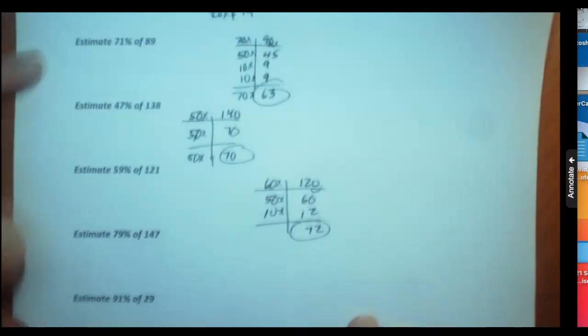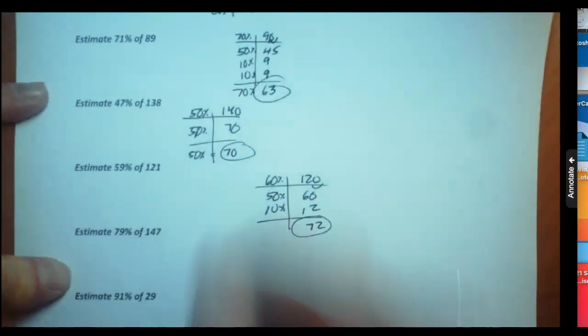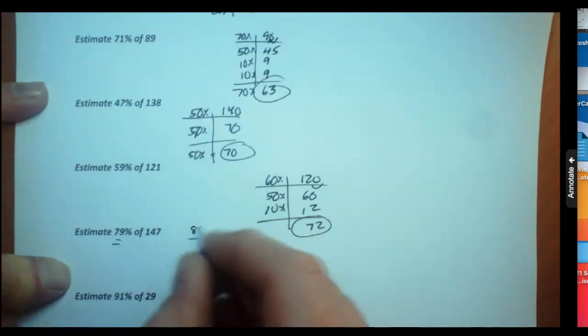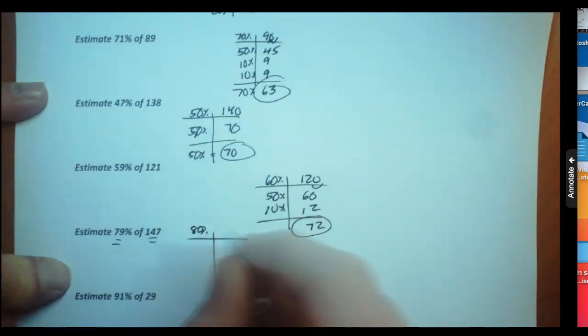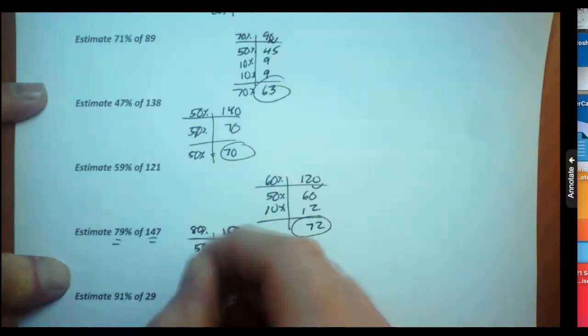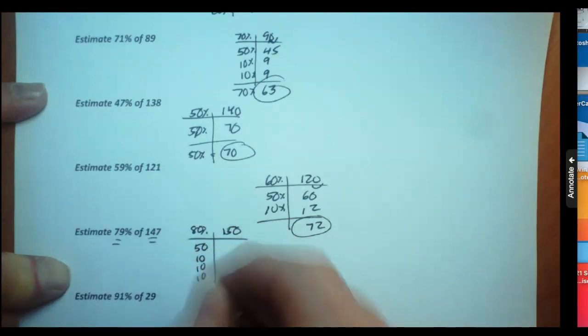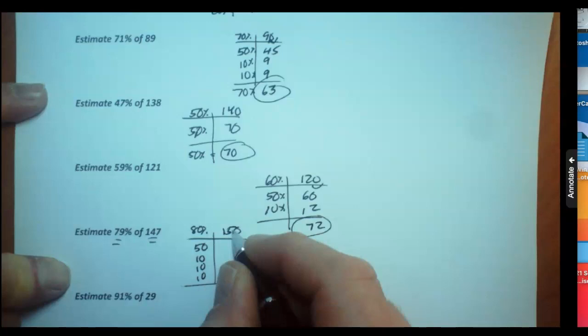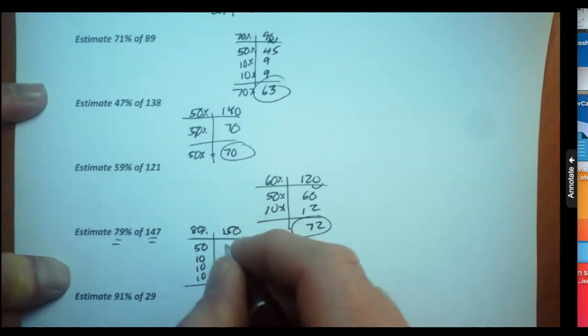All right, 79% of 147. Let's call this 80% of 150. All right, we'll go 50, 10, 10, 10, right? There's my 80%. Okay, half of this, half of 150 is going to be 75.